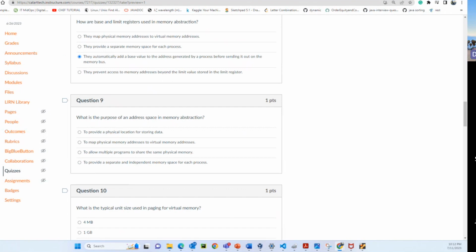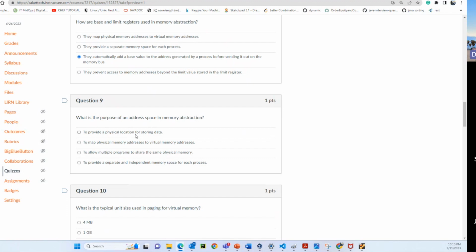So next question is, what is the purpose of an address space in memory abstraction? To map the physical memory address to virtual memory address?